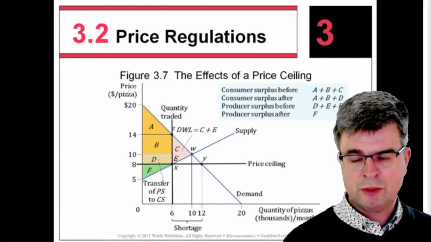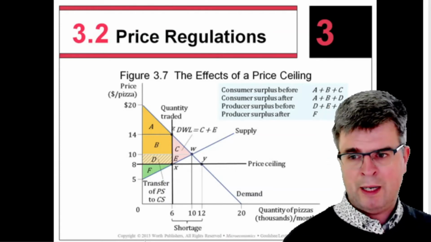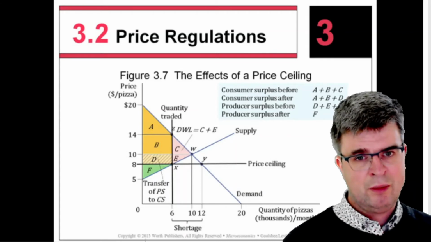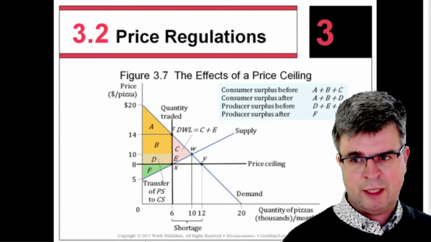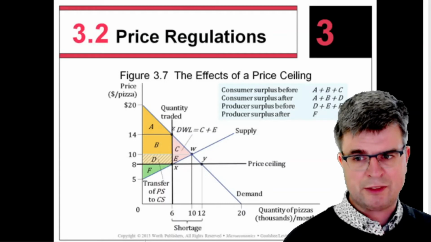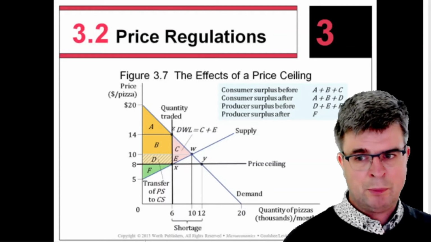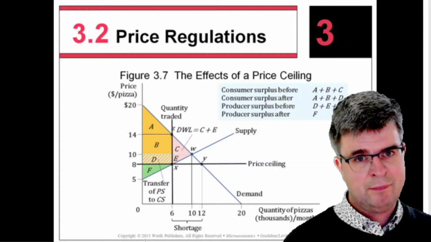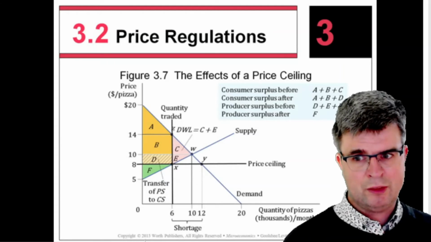So the consumers who are able to buy a pizza under the regulation benefit because their consumer surplus increases.